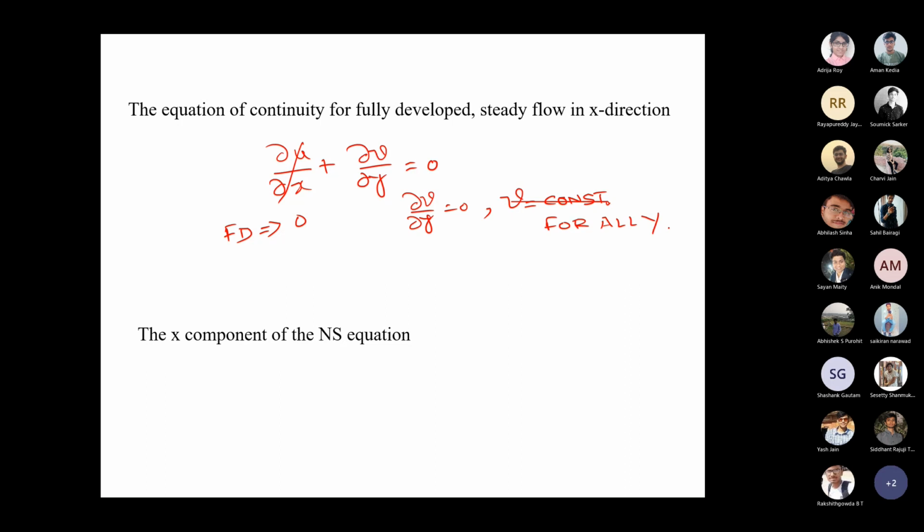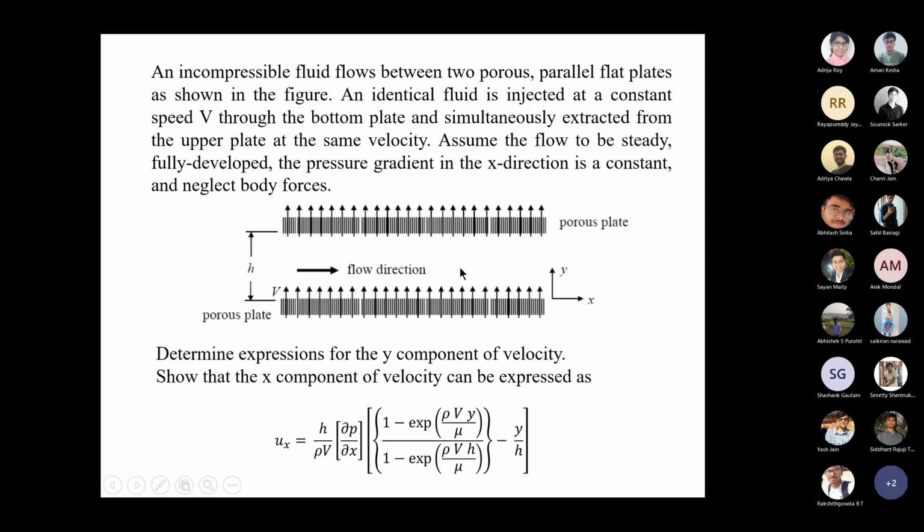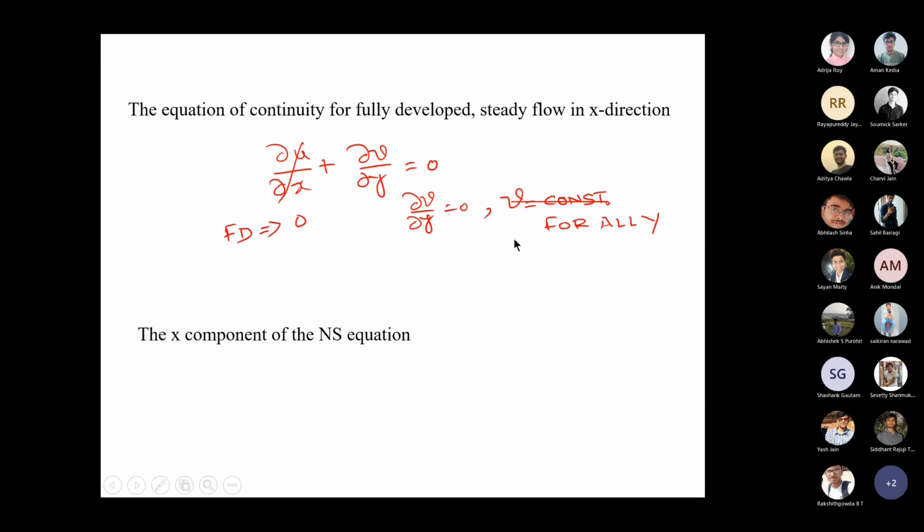Now, if you look back to this figure, what can you say about Vy in this case? Based on your continuity equation and the notations depicted in this figure, what can you say about Vy? We have found out that del v del y is 0, so v is a constant for all y.